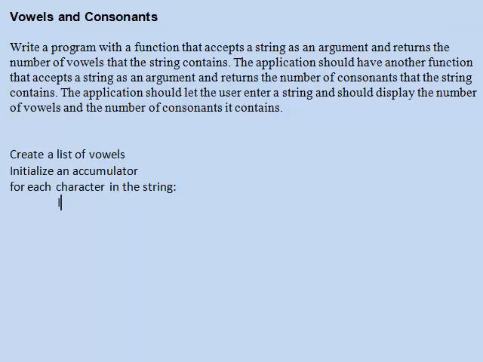We're going to say something like this: if the character is in the list of vowels, so if that character appears in the list of vowels, we want to add 1 to the accumulator, and that's pretty much it for the loop.